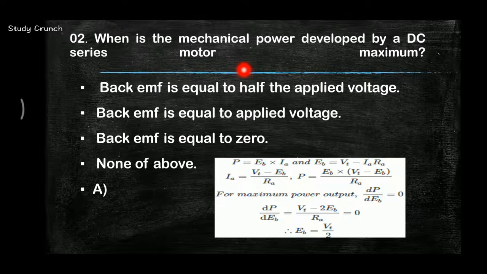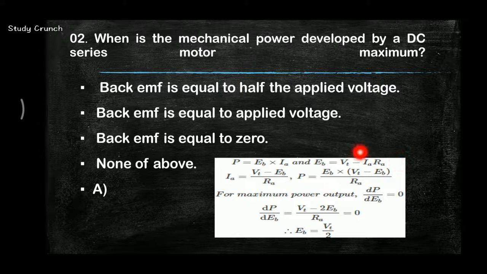Next, when is the mechanical power developed by a DC series motor maximum? So the answer is when the back EMF is equal to half of the applied voltage, the mechanical power by a DC series motor will be maximum. By the formula, P is equal to EB into IA, that is back EMF into armature current, and EB is equal to VT minus IA RA.